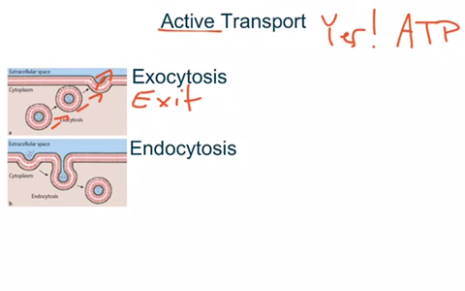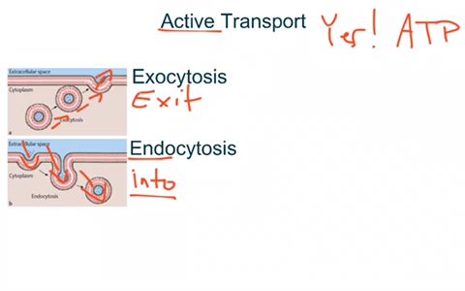Now when we look at endocytosis, endo means into, okay? So in endocytosis, something is traveling into the cell. Could be anything, proteins, could be nutrients, okay? Probably something good for the cell. So something is coming in.